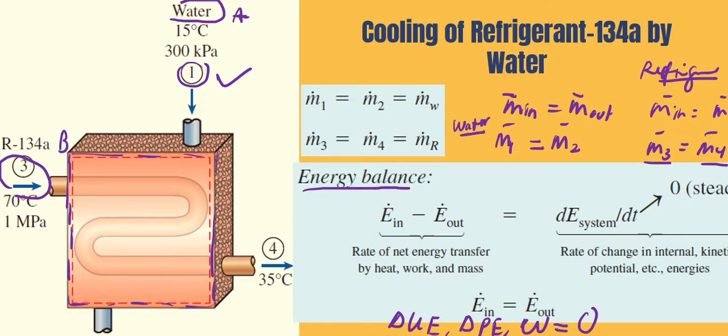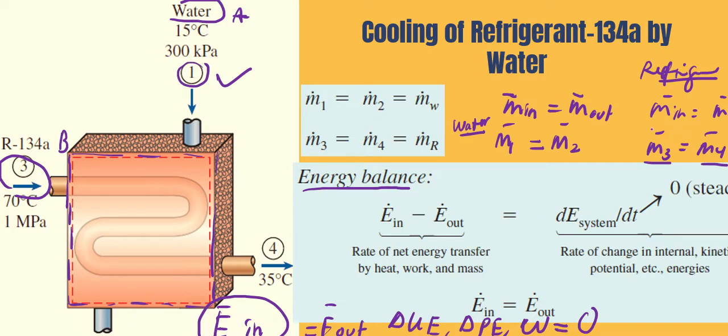So what are M3 and M1? This is in, this is out, right? Energy in equal to energy out. So that's why M1H1 plus M3H3 is all the energy in, and then this is all the energy out.